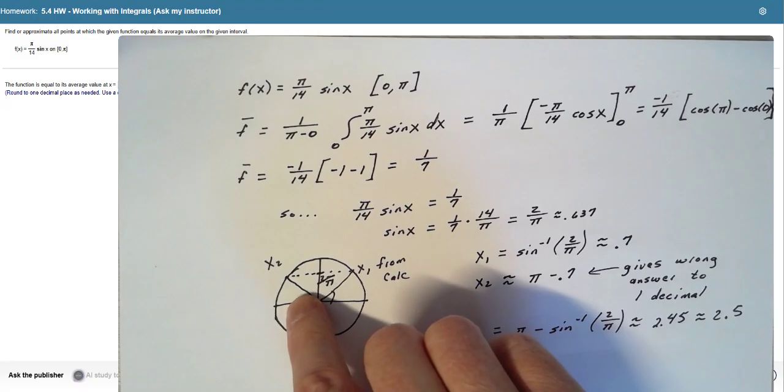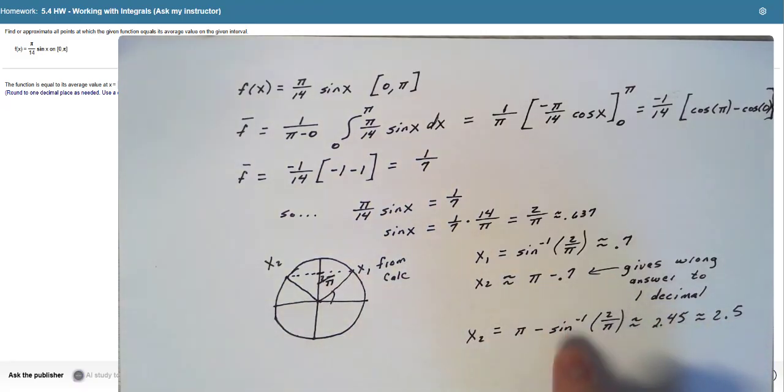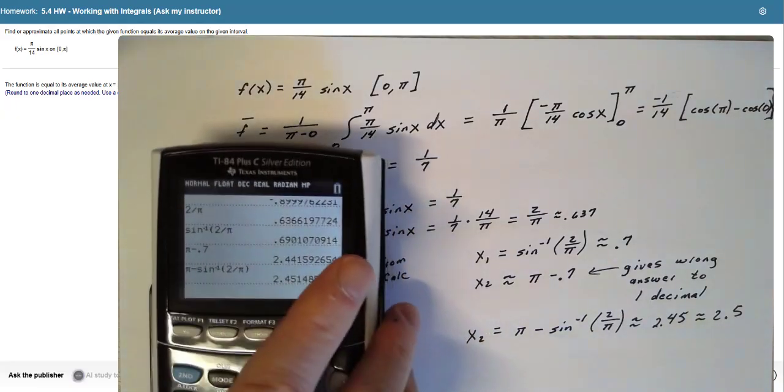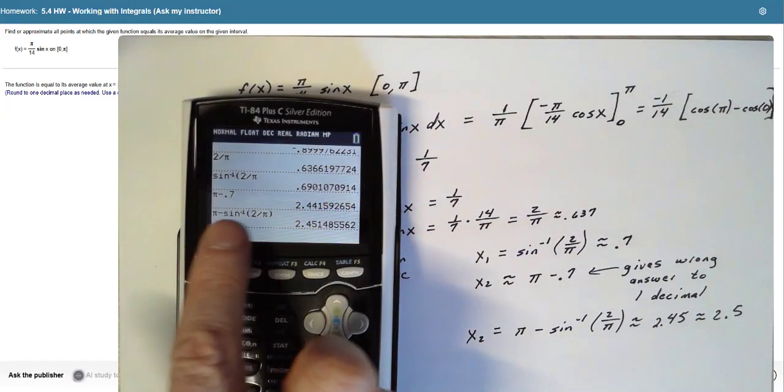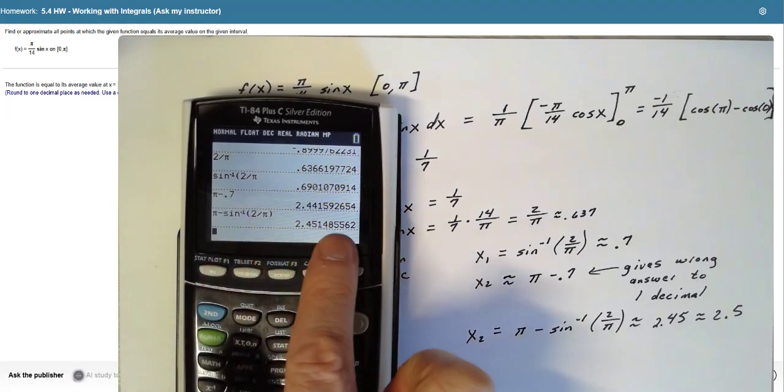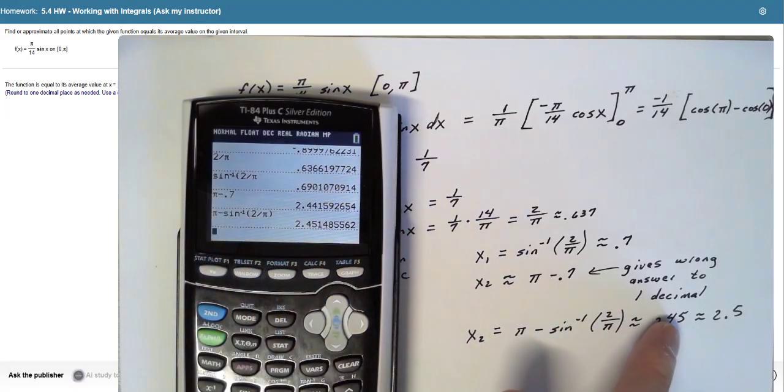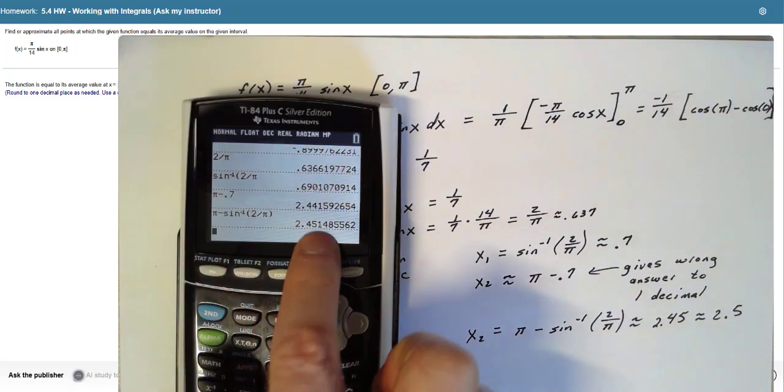So that's pi minus the angle I found right there. Well, that angle is the inverse sine of 2 over pi. On the calculator, I did pi minus the inverse sine of 2 over pi. That would give me approximately 2.45. This problem only wants us to round to one decimal place. I get the 2.5.